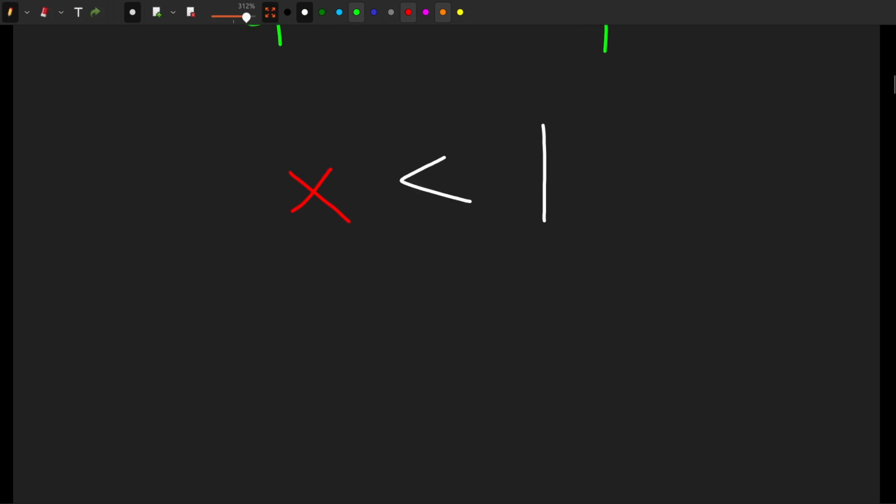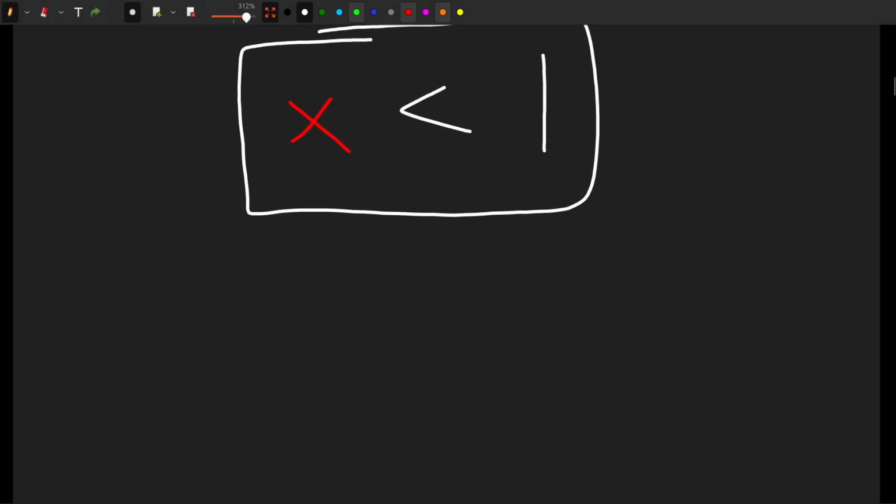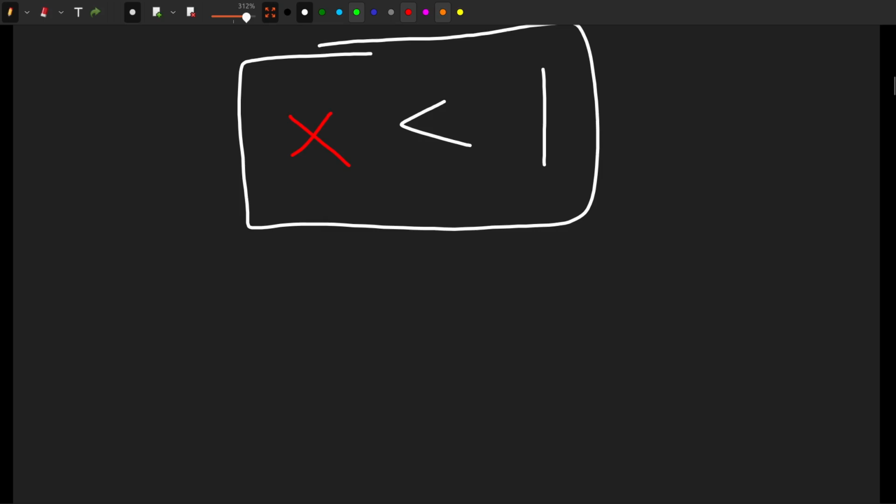So when having inequalities, there are 3 general ways we can present a solution. One is using the inequality symbol, for example, what we have here, x being less than 1. Another way is interval notation.